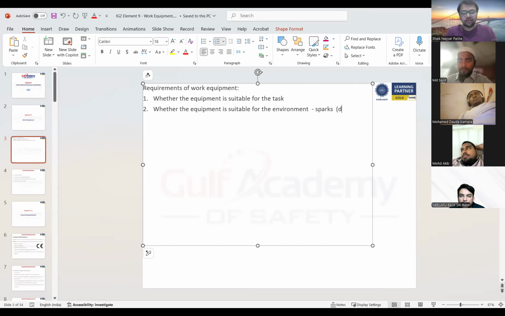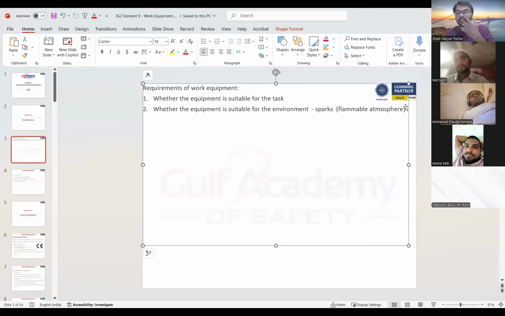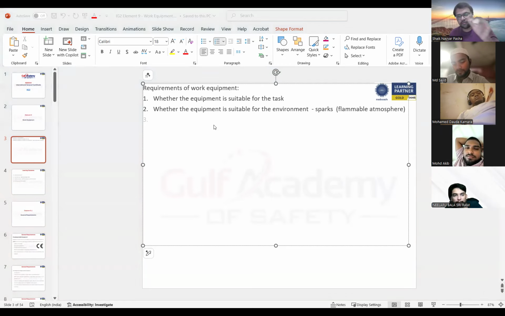If there is a flammable environment or atmosphere, can you use any equipment which creates a spark? No, sir. Why? Because if you are using equipment which produces sparks or generates heat, it could result in a fire accident in a flammable atmosphere. So that is one thing: whether the equipment is suitable for the task, and whether it is suitable for the environment.